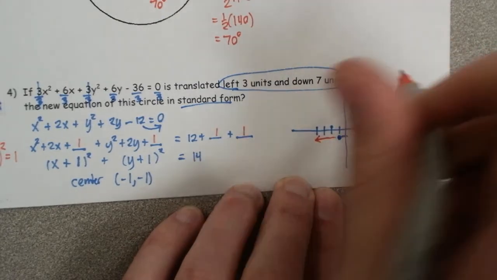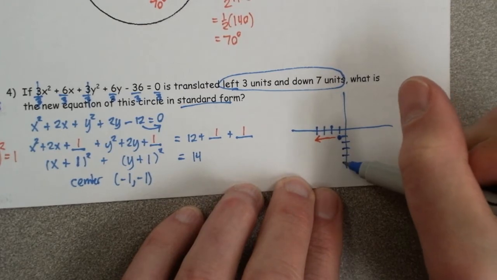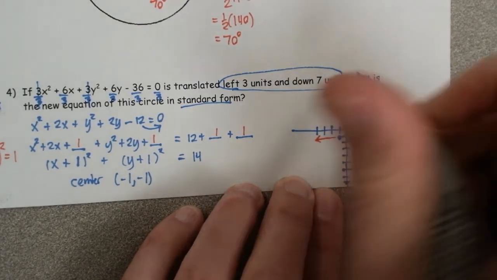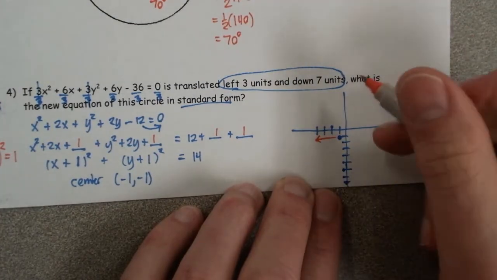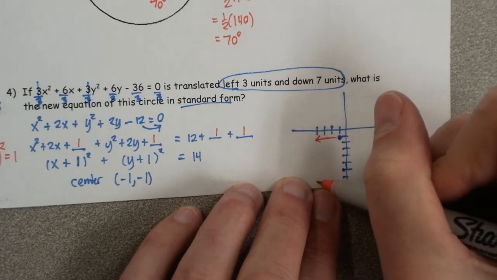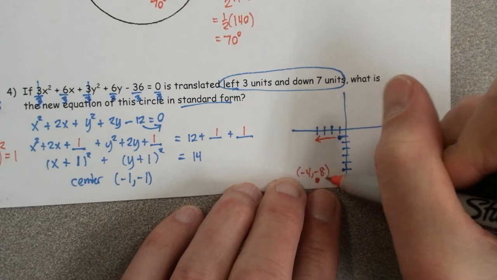And if I take it down 7, -1, -2, -3, -4, -5, -6, -7, -8. So it's going to take that down to -4 and down to -8. So that new center is going to be -4, -8.